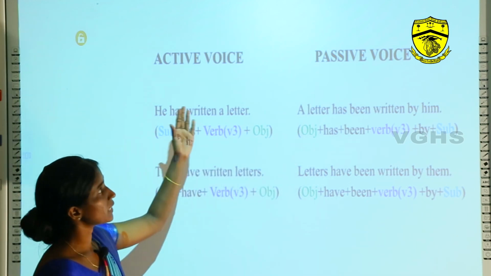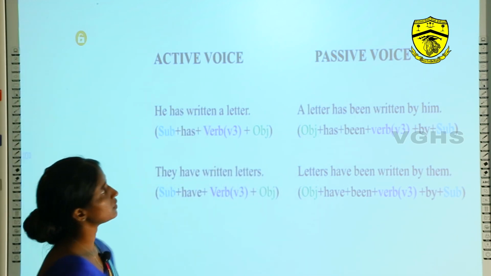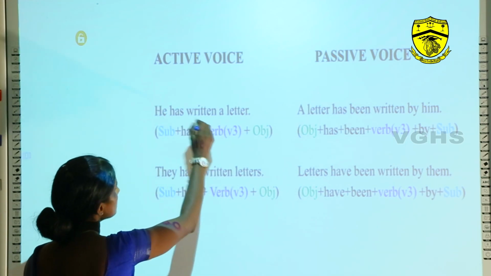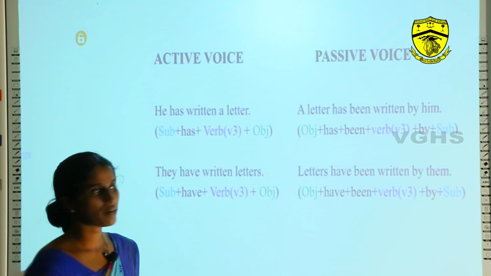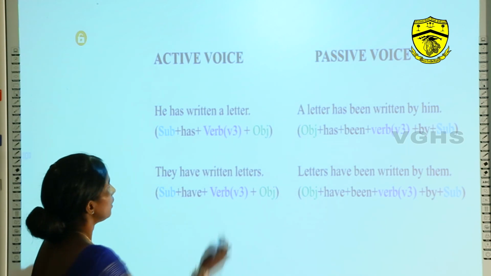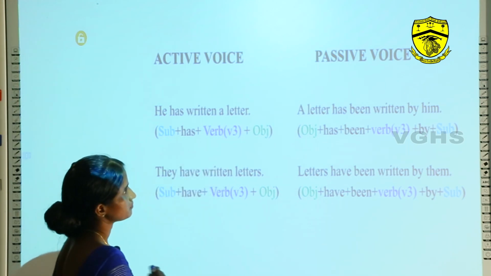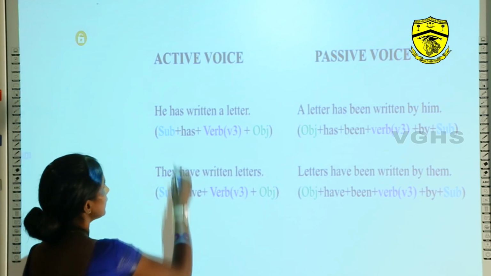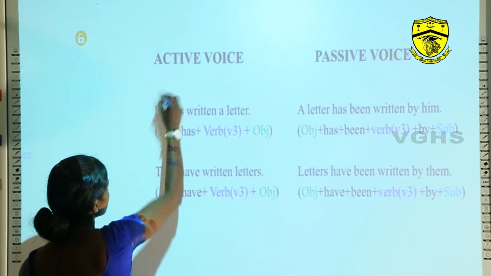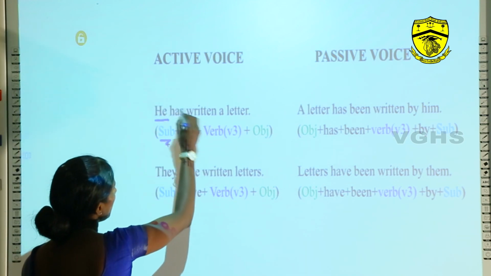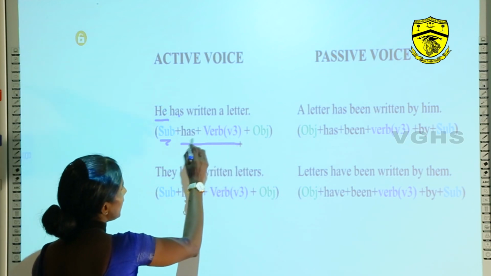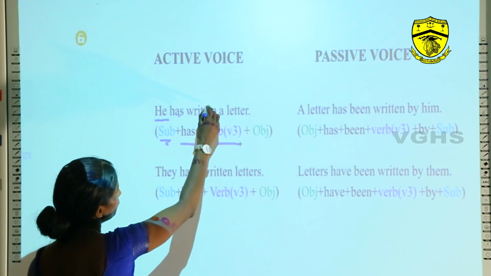Okay, let's see some examples and the structure in affirmative sentences. He has written a letter. This is an affirmative sentence in active voice. We want to change it into passive voice. Here, he is the subject, has written is the verb, has plus the past participle of the verb.